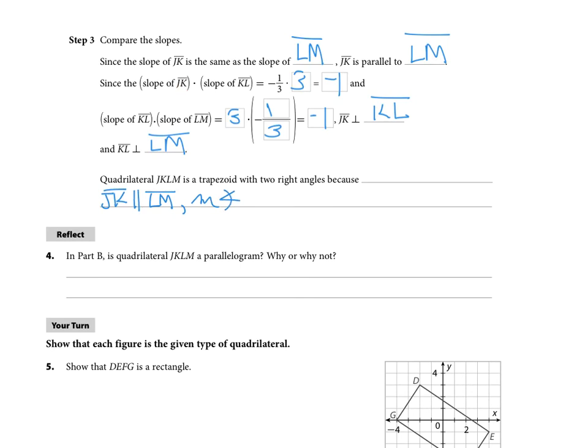Well, if JK is going to be consecutive with KL, then that means this first angle is angle K, which has a 90-degree angle. And also the measure of the second angle, and again compare it to KL is bumping up against LM, so you can see the repeated letter there. The measure also of angle L is 90 degrees.